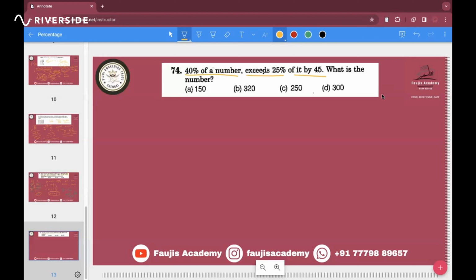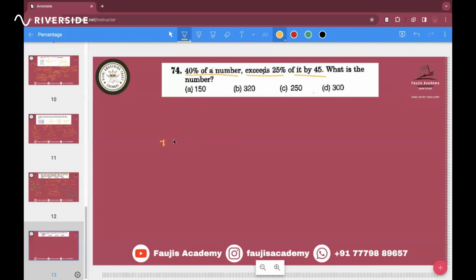Basically, they are saying the difference between the 40% of the number and 25% of the number is 45. Okay. Basically, they are saying 40% of a number exceeds 25% of it.